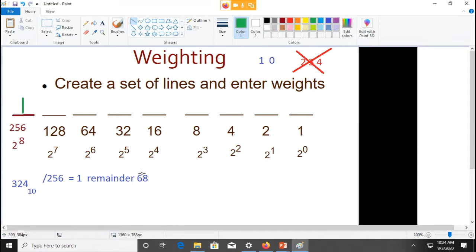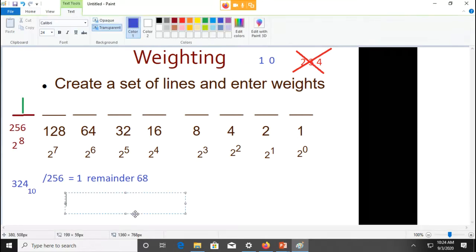So I'm going to take this remainder of 68 and divide by 128. Can I do that and still have a positive value? Well, we can't do that. 68 divided by 128 gives you a fraction, so I cannot do that and have a number greater than or equal to 0.